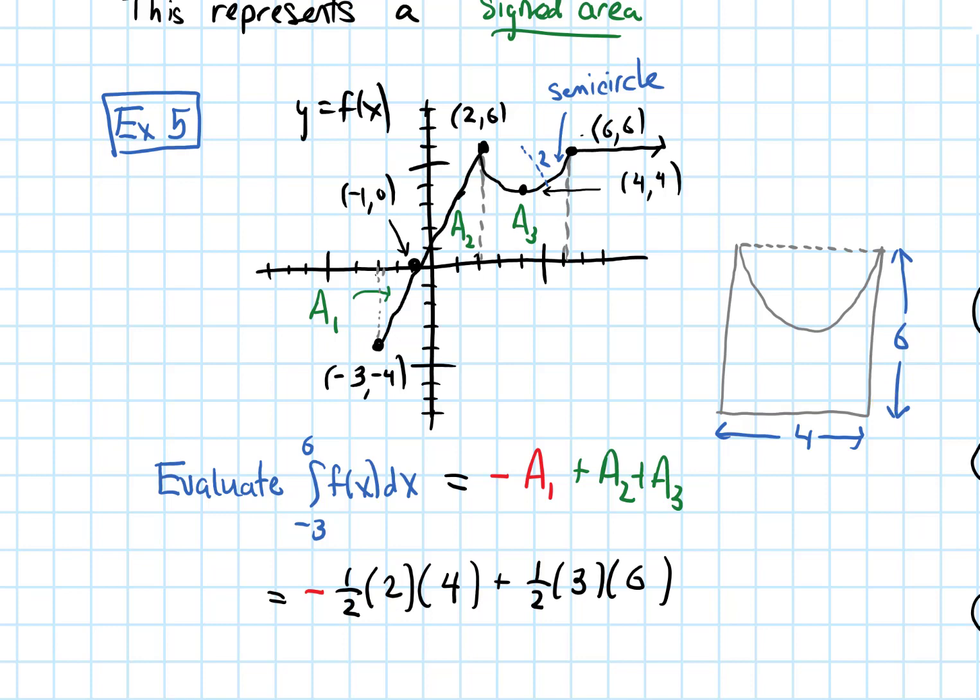So what I'm going to do is I'm going to find the area of the rectangle and then subtract away the area of this semicircle, and that'll give me the area of the region I want, which is A3. Okay, so we will add the area of the rectangle and then subtract the area of the semicircle. I'll just write area of semi.